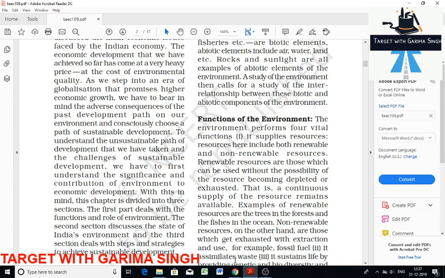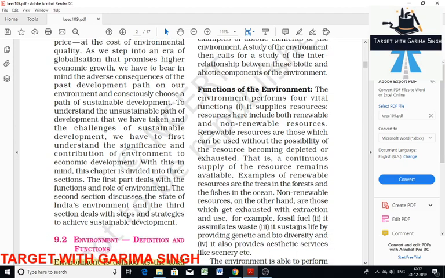Then sustains life, by providing essential elements like sun, soil, air, water, etc. Then aesthetic services. The environment provides aesthetic services like scenery, which includes rivers, oceans, mountains, deserts. So these are the functions of environment.